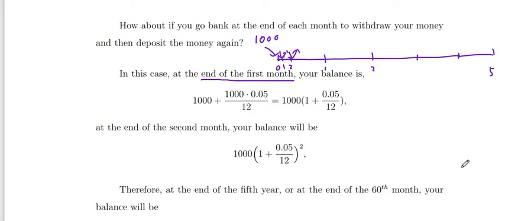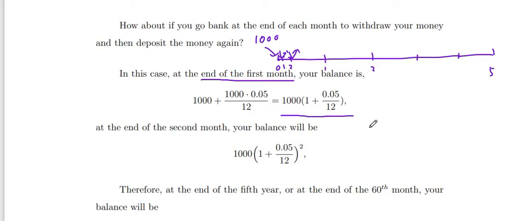This 50 is 1,000 multiplied by 0.005. So we can take 1,000 outside. We have this equal 1,000 multiplied by 1 plus 0.005 over 12. We can regard this 0.005 over 12 as the monthly interest rate.